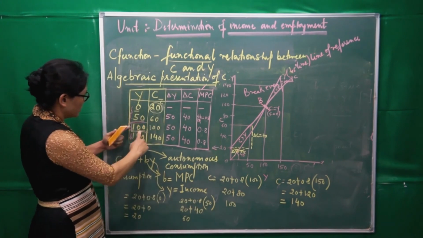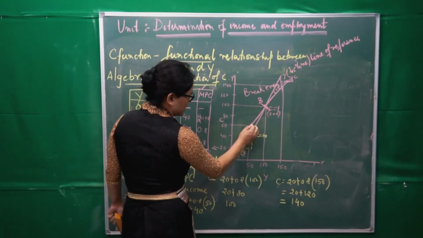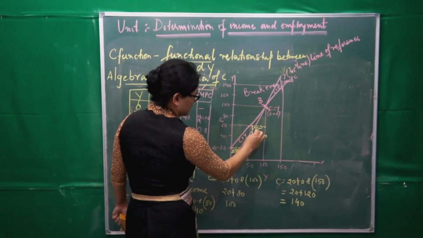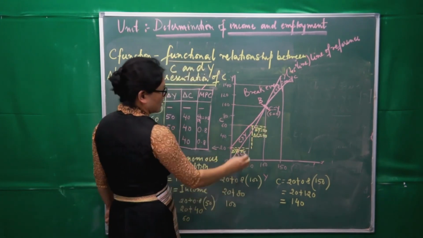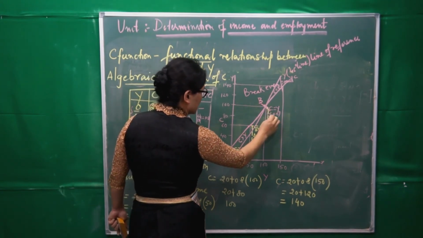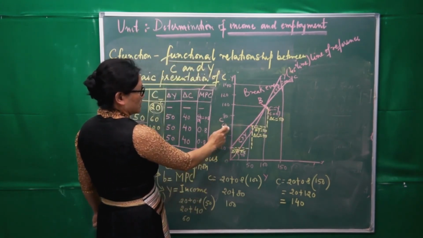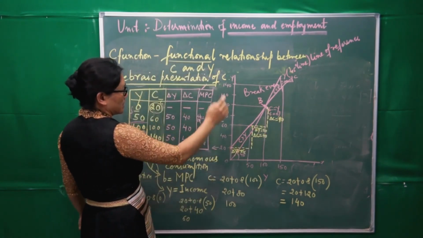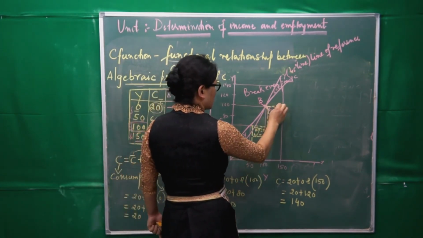Then we go for MPC from 50 to 100. Change in Y is again 50 here. Change in C is how much here? Sorry, it's 40. 60 to 100, that's 40. Then we have 100 to 150.